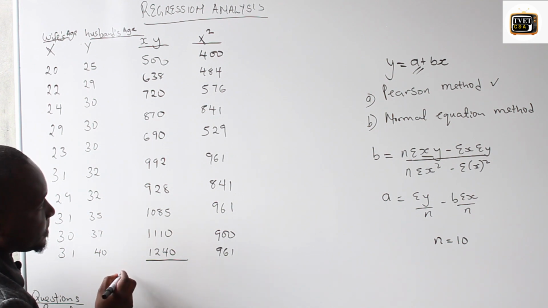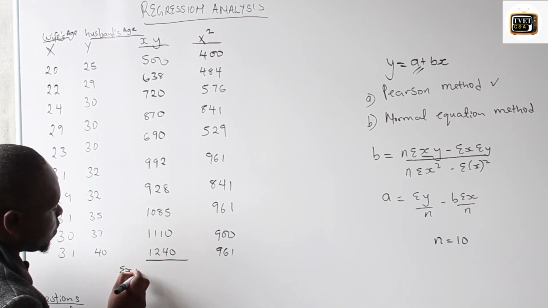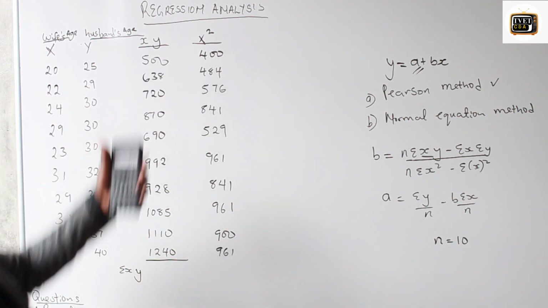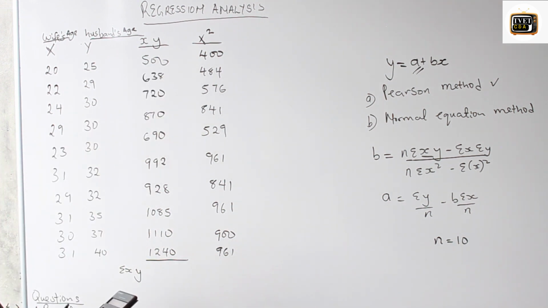So it will be summation of xy, which is 500 plus 638 plus 720 plus 870 plus 690 plus 992 plus 928 plus 1085 plus 1110 plus 1240.